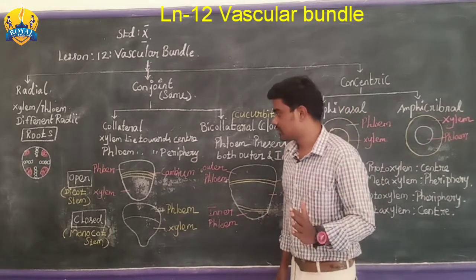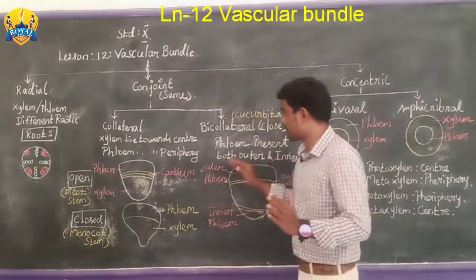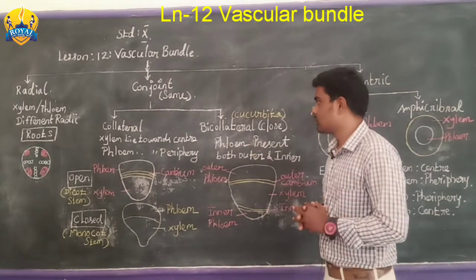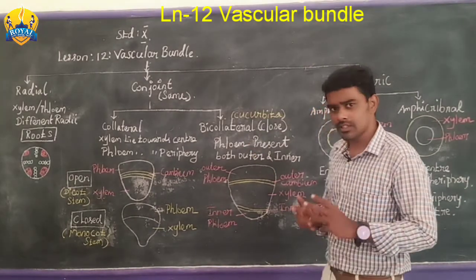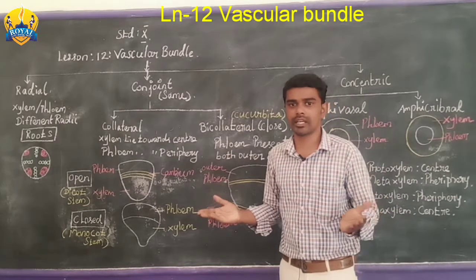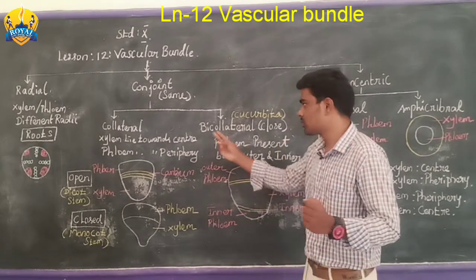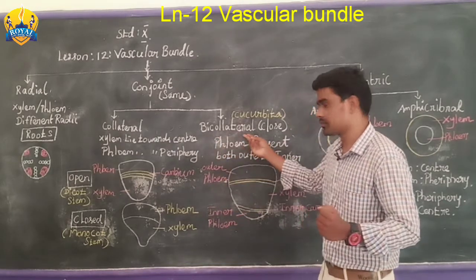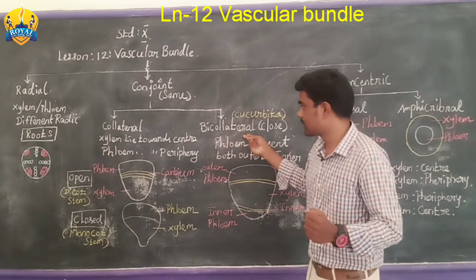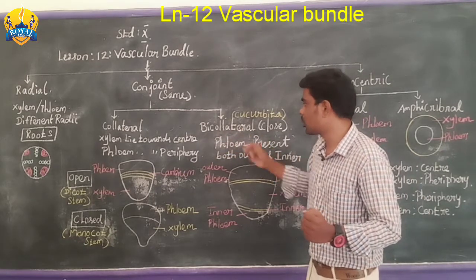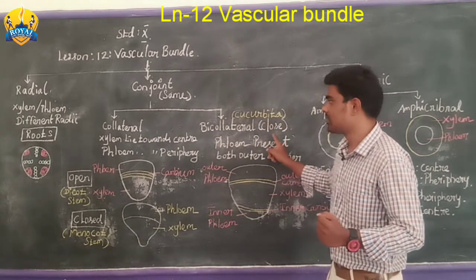Then next, bicollateral. What is bicollateral? Bi in the sense of two, that is, both sides are collateral, which is a closed vascular bundle.